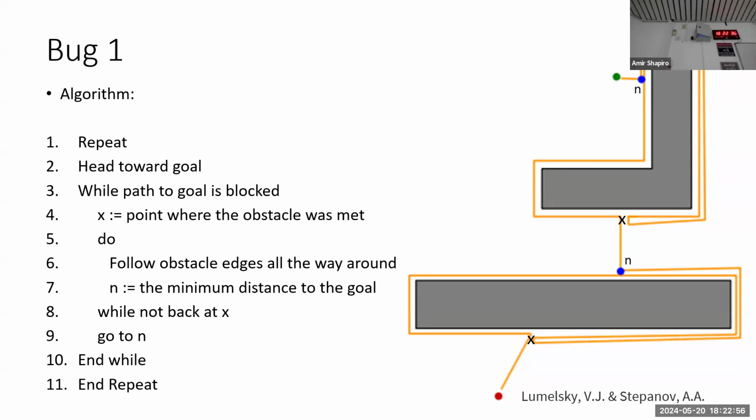Then the robot did the whole circle and went back to the leave point. From there, go directly to the target. From there, it hits another obstacle, again does the entire circle around the obstacle, and then finds that this point is the closest to the target.